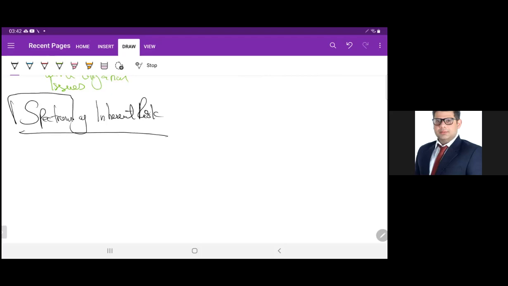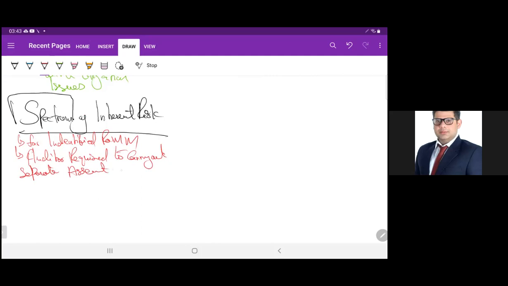So for the identified risk of material misstatement at the assertion level, the auditor is required to carry out a separate assessment of inherent risk, right?